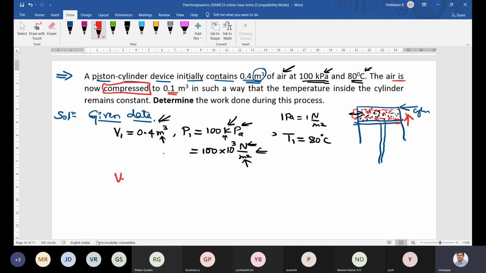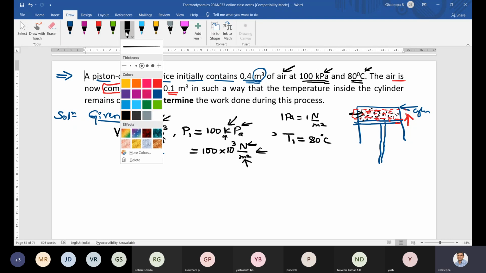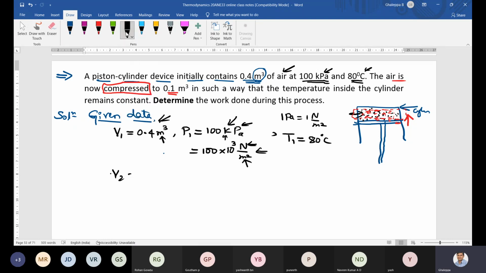So I will write V2 is equal to 0.1 meter cube. I will use the same color so it does not become confusing. So here there is a decrease in the volume. Initially 0.4, it decreases to 0.1.